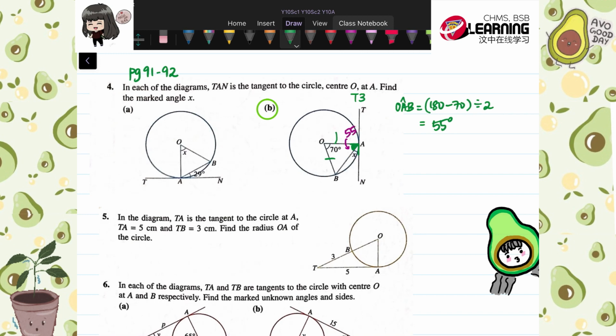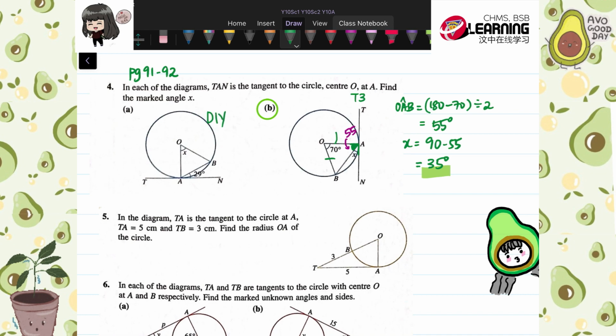And my angle x will be 90 minus 55, because this is a 90 degree angle. So 90 minus 55, I get 35. So that is the answer. So I have taught you part B already. I think part A you can do. It's the same method. You do it on your own. This one is DIY, do it yourself.